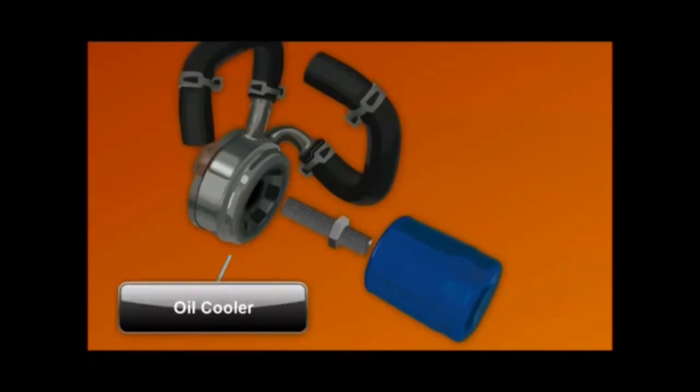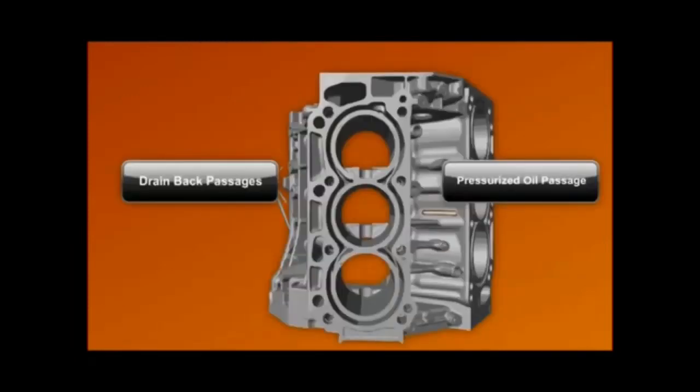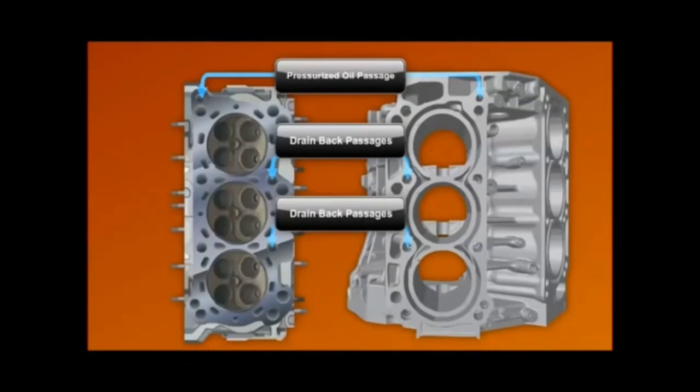Some engines use an engine oil cooler at the oil filter to transfer heat into the cooling system. One coolant line delivers coolant to the oil cooler, while a second line sends the coolant and heat into the engine water jacket.